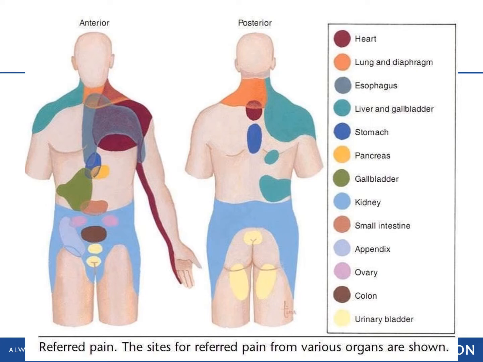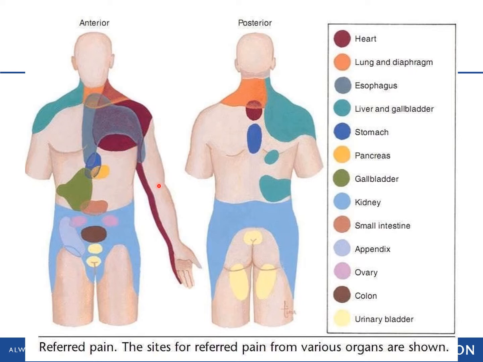So you might want to pause and take a quick look at this diagram. There's a lot of different organs that can refer pain to a lot of different areas, but as this one points out, this dark magenta purple area is heart, and you can see it goes all the way up to the neck and jaw right here, and then it radiates all the way down into your pinky.